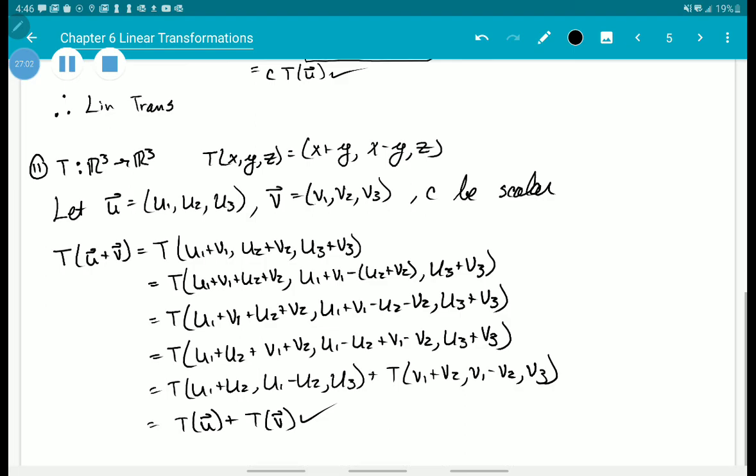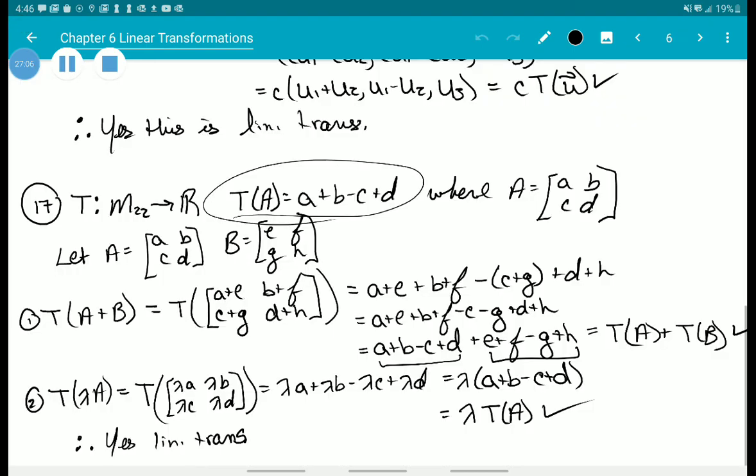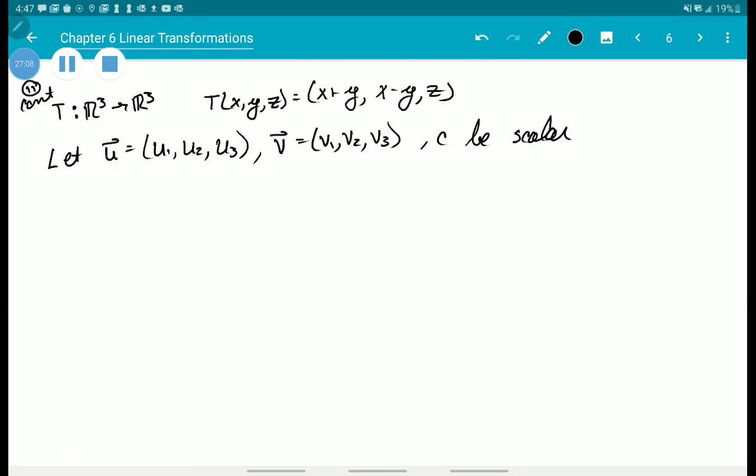So now let's check our scalar property. I've recopied it over here. Now we need to look at T of CU, so the transformation of CU1, CU2, CU3.